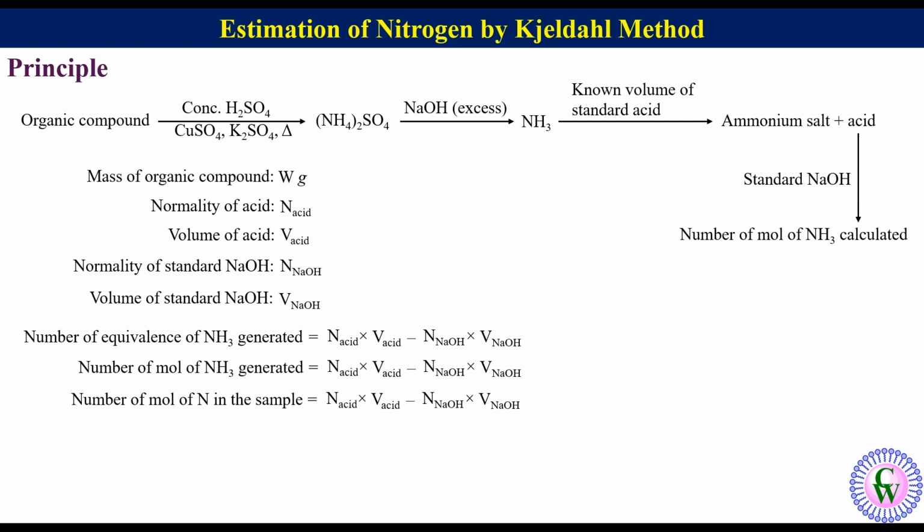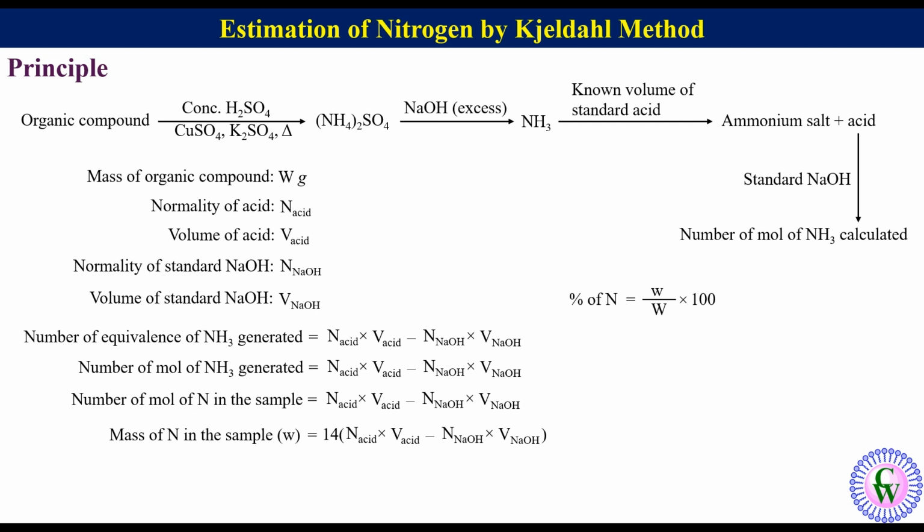So, mass of nitrogen in the sample, small w, is equal to 14 into N acid into V acid minus N NaOH into V NaOH. Percentage of nitrogen is equal to mass of nitrogen upon mass of sample into 100. So, percentage of nitrogen is equal to small w upon capital W into 100.